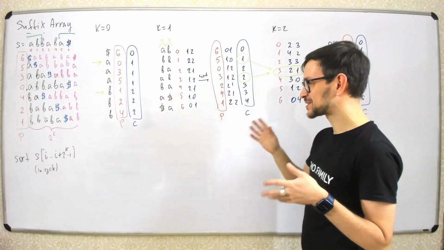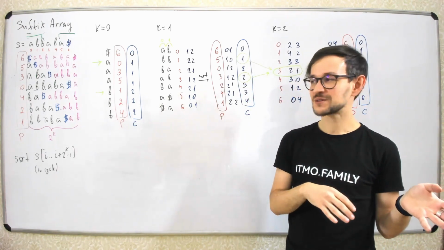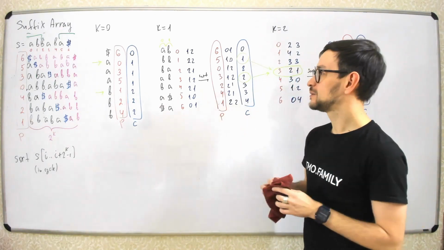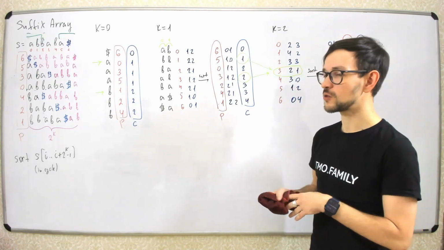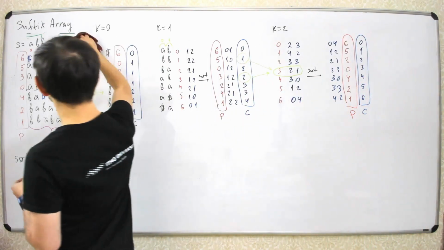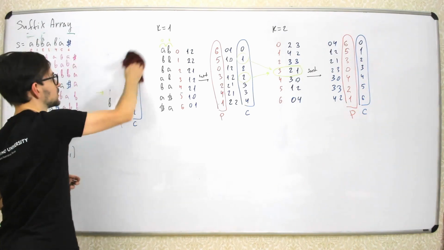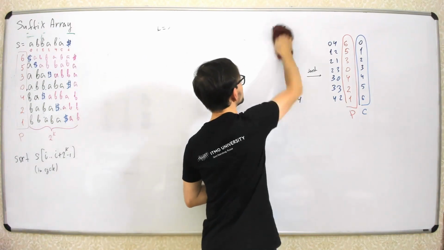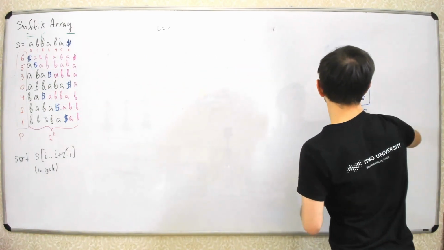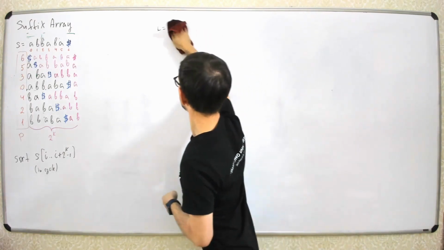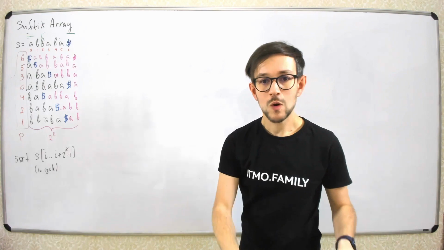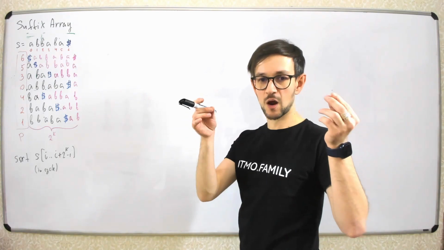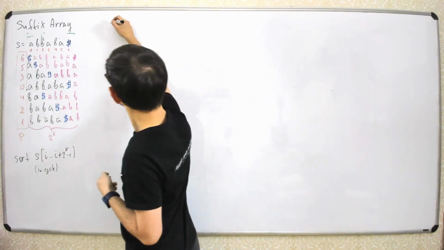Okay. So for some problems it's enough, but for many other problems it's not quite enough. What you need in many problems is to find the longest common prefix for the given two suffixes. So one of the most useful things you want to calculate with a string is the longest common prefix of two given strings.